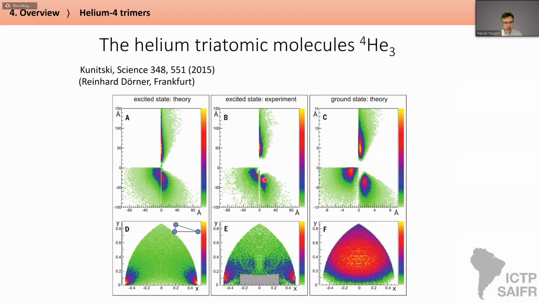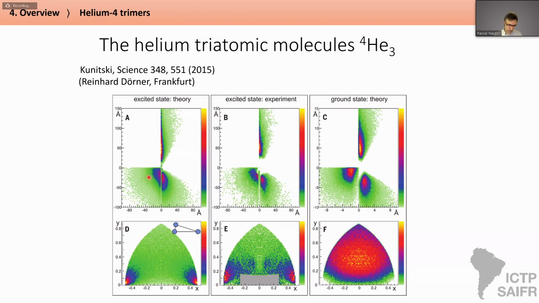Right, so I will not explain in detail, but this is a way to represent this probability density for the three atoms in the molecules when they were hit by the lasers.